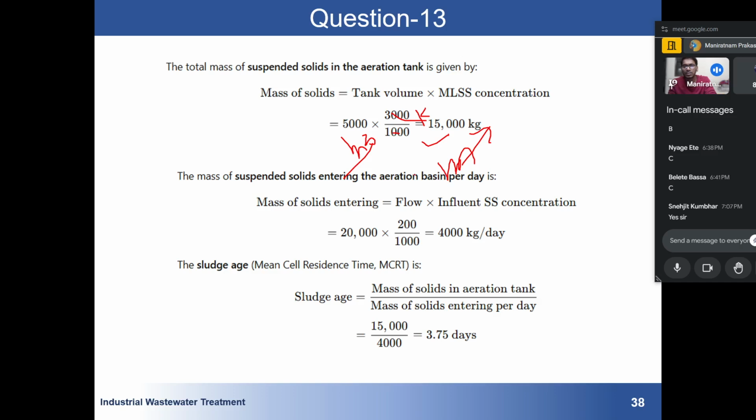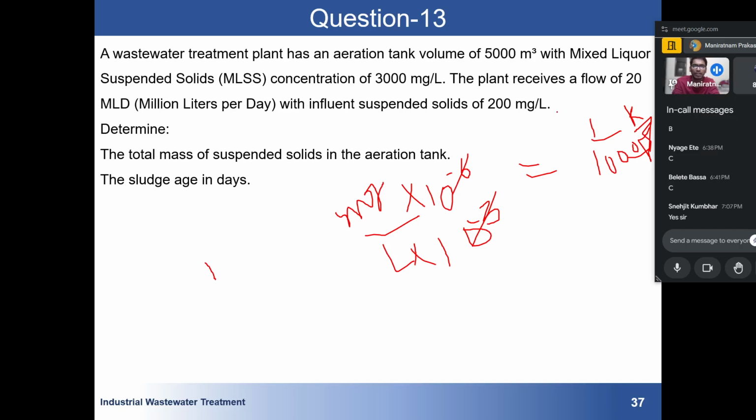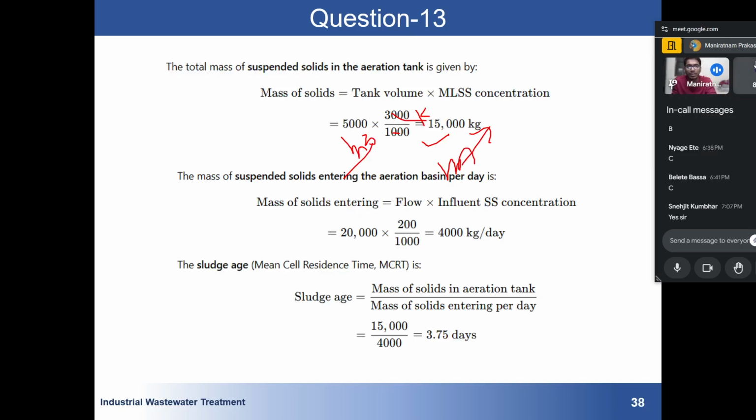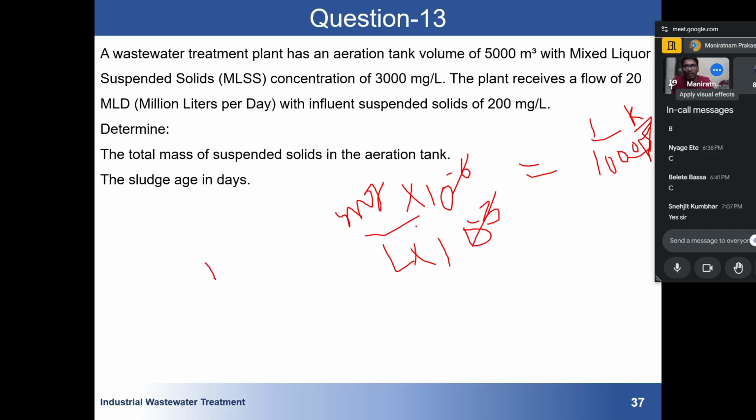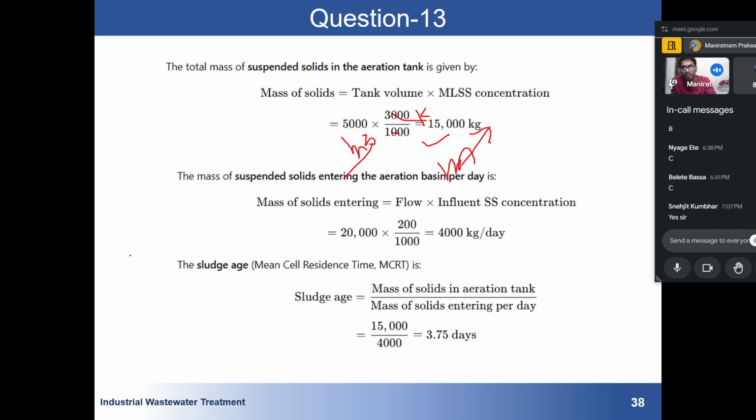So the mass of the suspended solids entering the aeration tank will be flow into influent concentration. In the question, the plant receives this much MLD. MLD means 10 to the power 6 liters per day, with an influent concentration of 600 milligram per liter. So again, we have converted into kg. Here it is milligram per liter, here it is million liters, so that is 10 to the power 6.